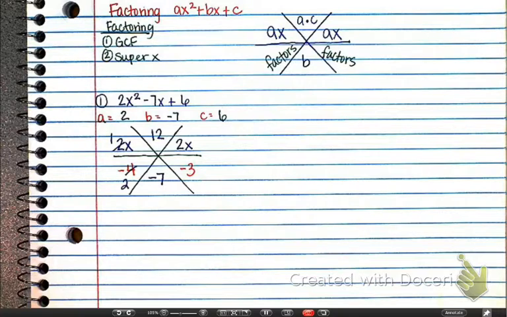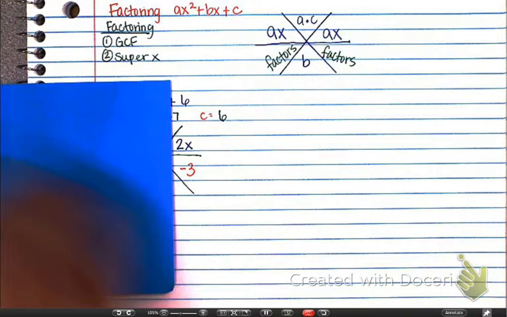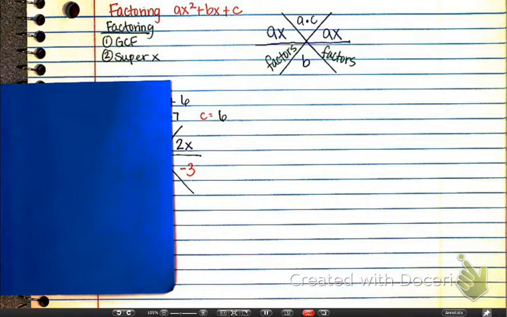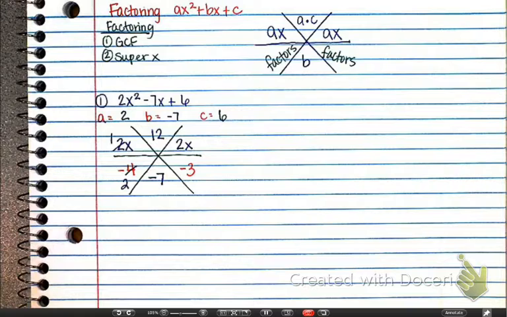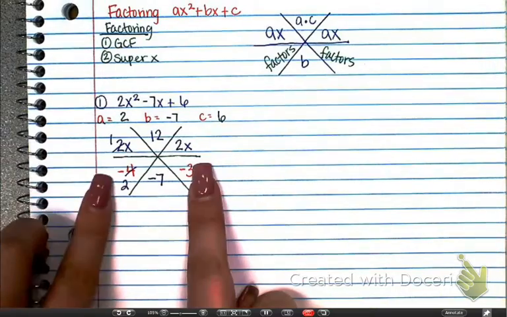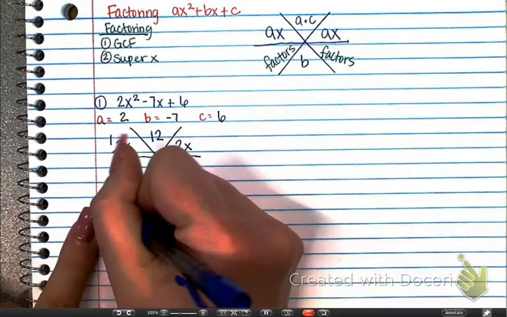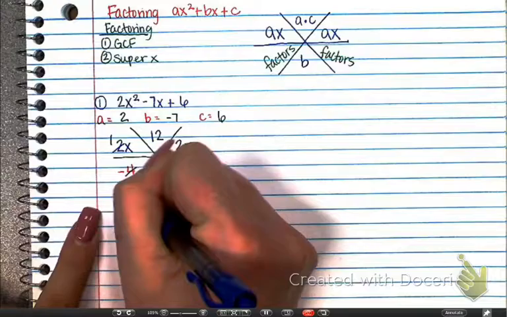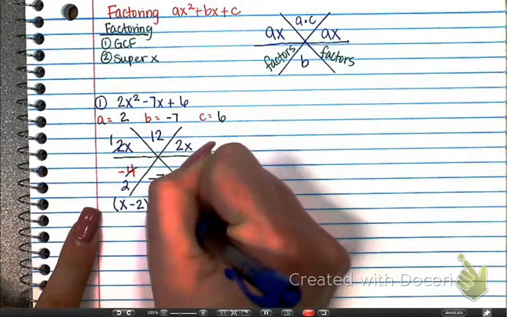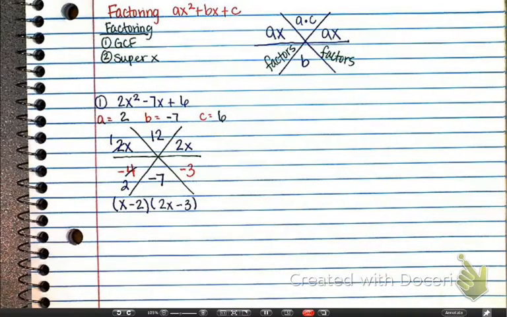Okay. Now this side's also a fraction, but can I simplify that fraction? I have 2x over 3, -3. I can't do anything there, right? Okay. So the only step now is if you have a leading coefficient greater than 1, you have to reduce. But this is still going to be my factor. So x minus 2 and 2x minus 3.